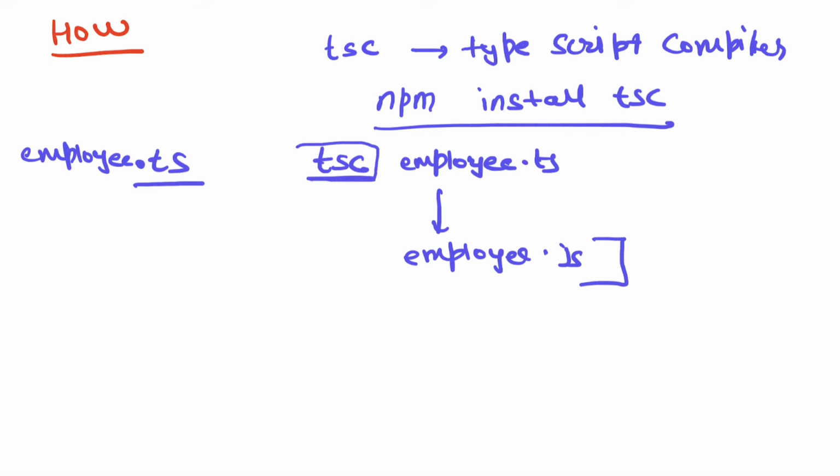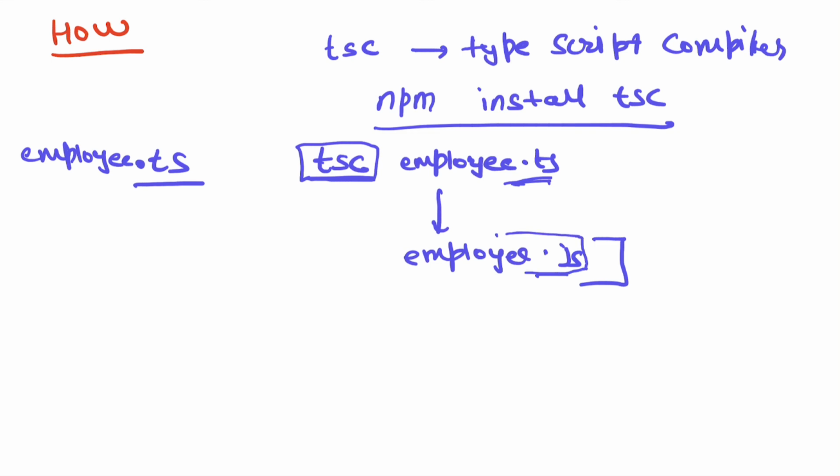So tsc helps you to convert your TypeScript files into a JS file, and it will create the file in the same folder, in parallel to the file where your TS file is. You will get the JS file as an output in parallel to this file only. There is certain configuration you can change, like in which folder you want to get JS files.